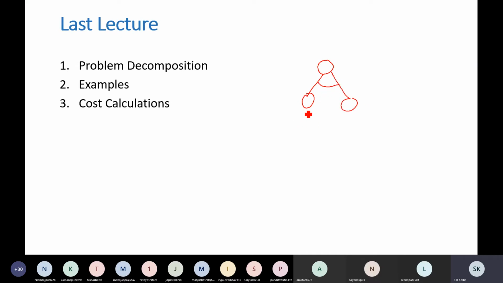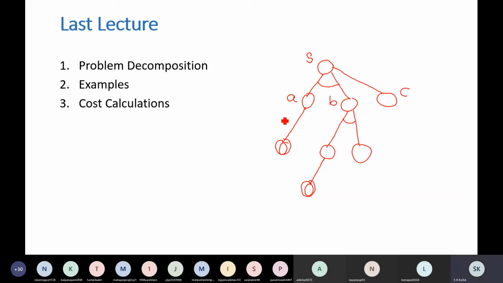This is AND, this is OR, this is OR, and this is AND. One more node is there. This is one of the sub goals. If it is something like this, suppose we name these nodes as S, A, B, C, D, E, F, and G.